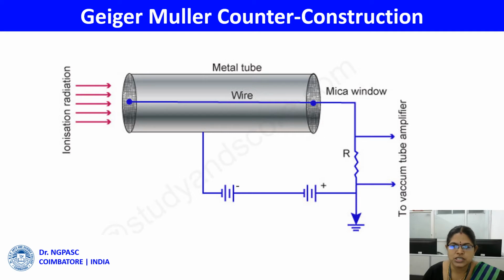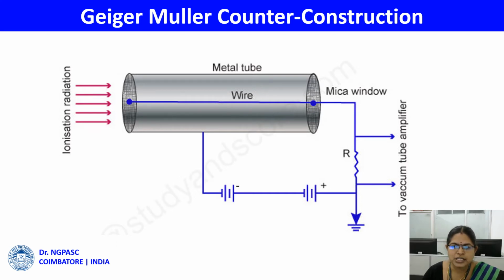The tube is evacuated, so it is kept as vacuum, and then it is partially filled with a mixture of 90% argon, whose pressure is about 10 centimeter, and 10% ethyl alcohol vapor, whose pressure is about 1 centimeter. So the pressure of ethyl alcohol is less than argon. This plays an important role during quenching process.